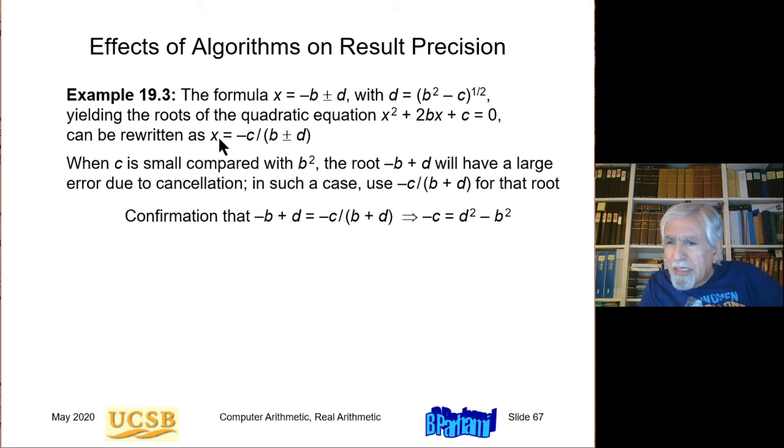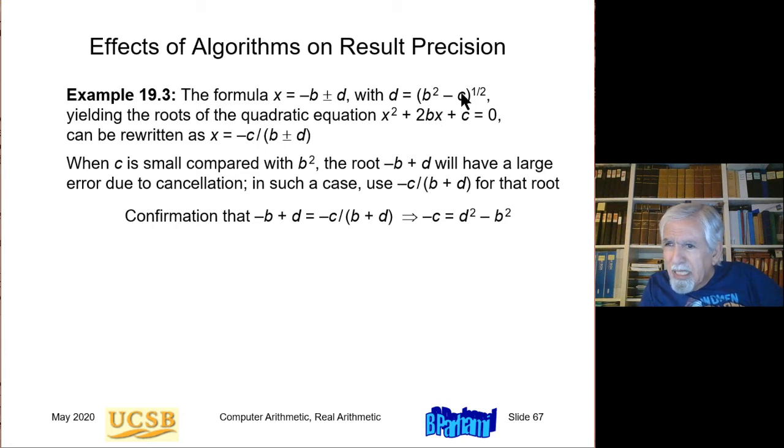So compute x instead of negative b plus or minus d, where d is the square root, as negative c divided by b plus or minus d, where d is that square root. Let's see what happens here if b is large and c is small. So b squared minus c will be roughly b squared, and the square root will be b. Okay, so this I'm doing for the root with the plus. The root with minus doesn't have any problems there. The root with the plus, you have b plus b, 2b.